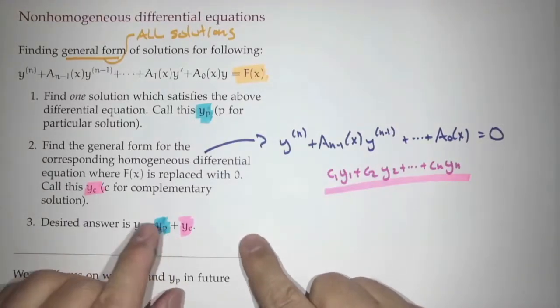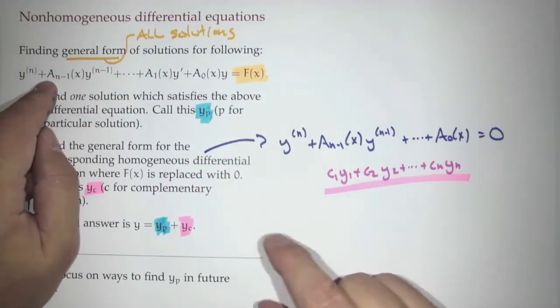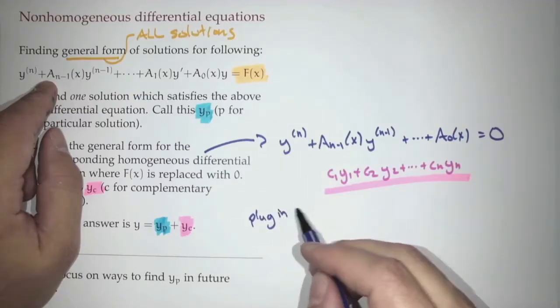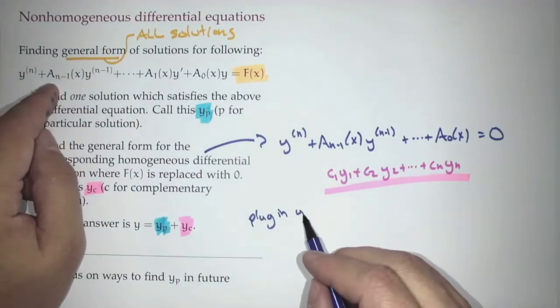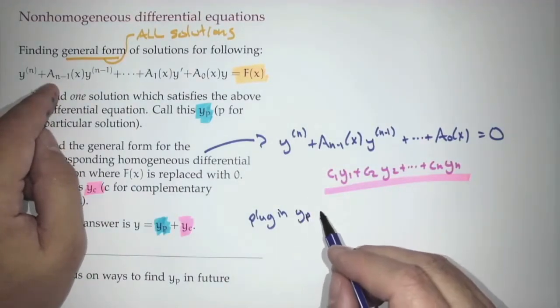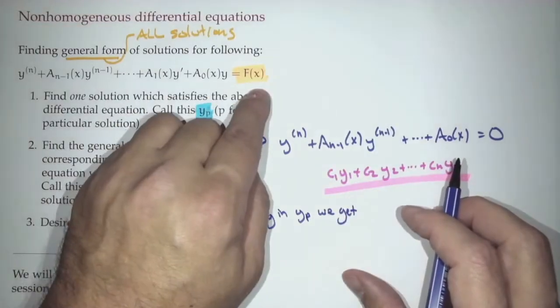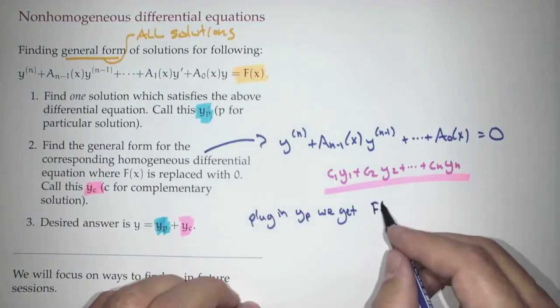If I plug y sub p into the left-hand side of this differential equation, what comes out? It equals f of x, because that's what it means to be a particular solution. It actually solves the equation.